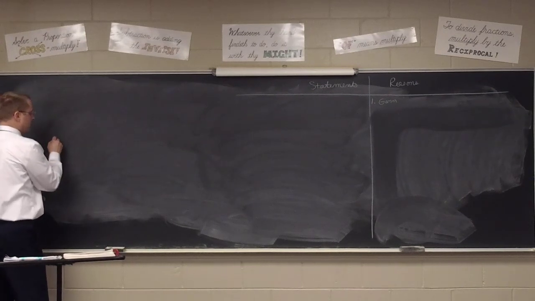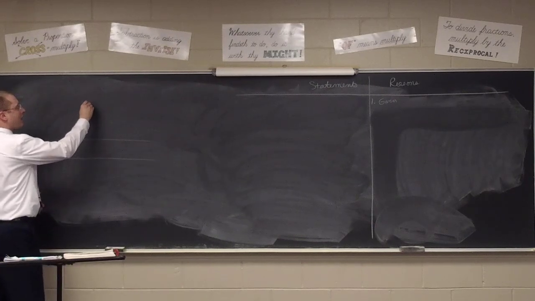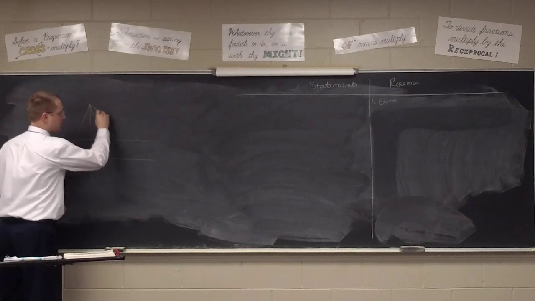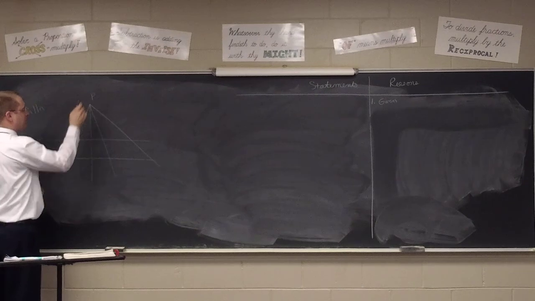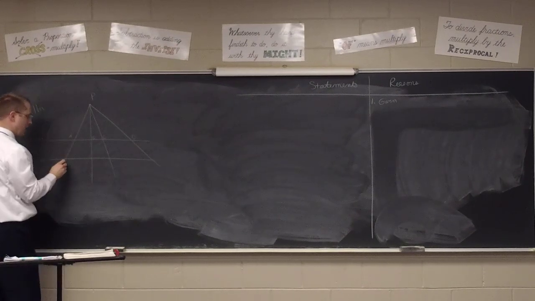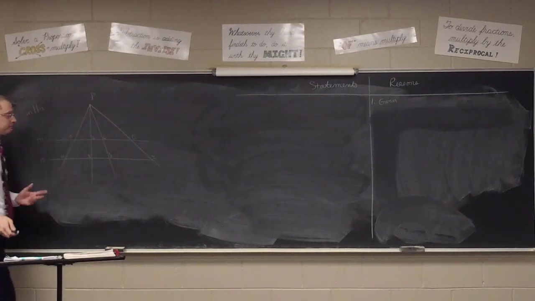So here's the idea. I have just 2 parallels this time, but from one common point, I've got a whole bunch of transversals. We'll call the parallels M and N, line M, line N. They are parallel as they appear. Let's call this point P. We can call this point A, this point B, this point C, this point D. We'll call this W, X, Y, Z, and so forth.